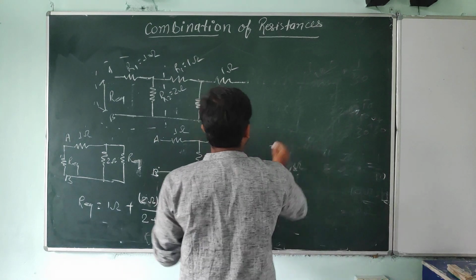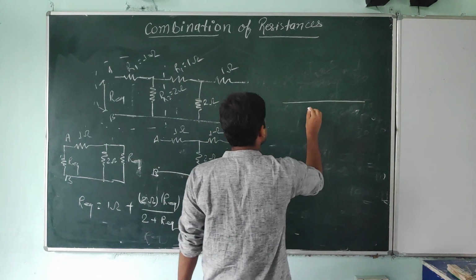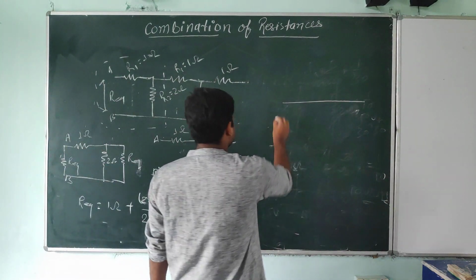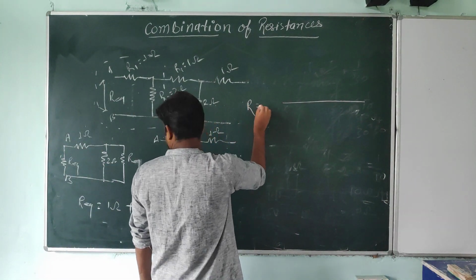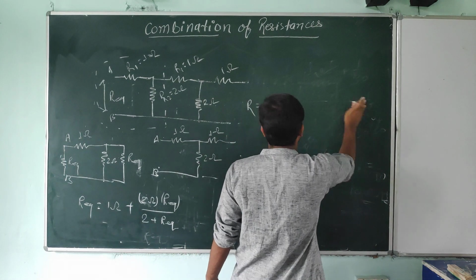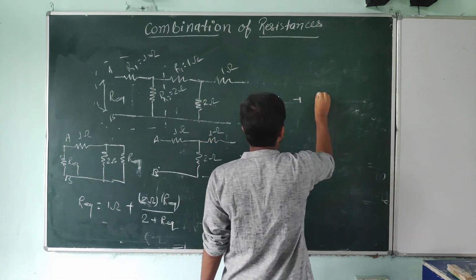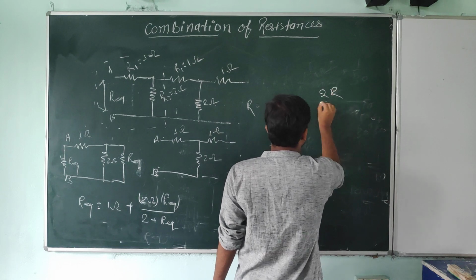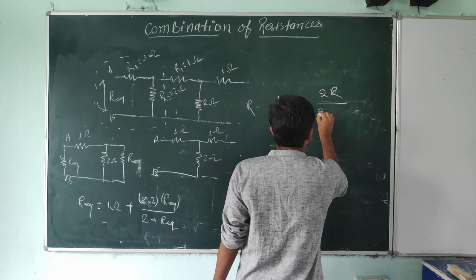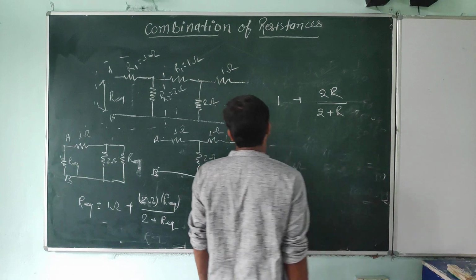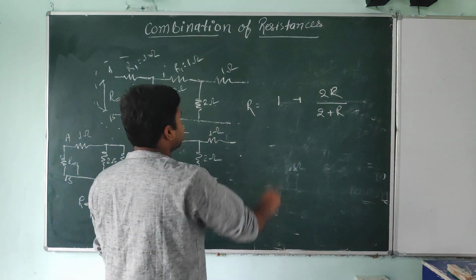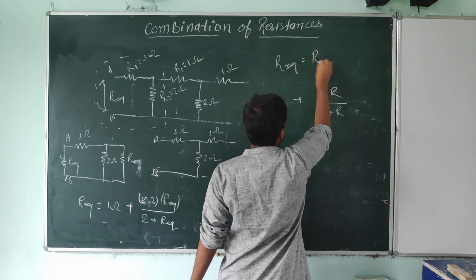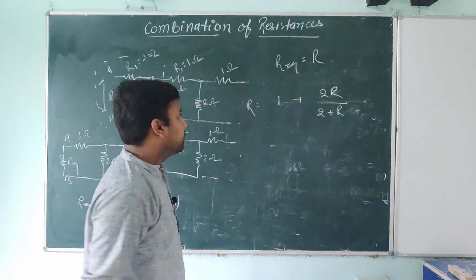So what we are getting here, the LCM is, I am putting here R equivalent is R, student. Okay. So R equal to what we are getting? R equal to, we can write here 1 plus 2R divided by 2 plus R. Okay. So what I have written here, since I would have to write R equivalent again and again, I wrote R equivalent equal to R. Okay.